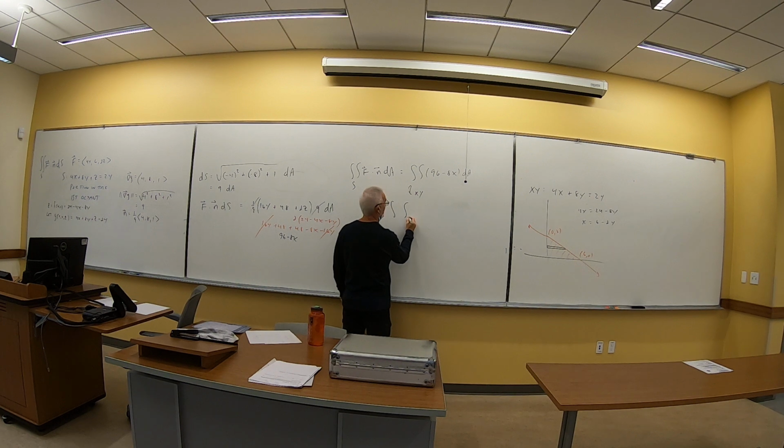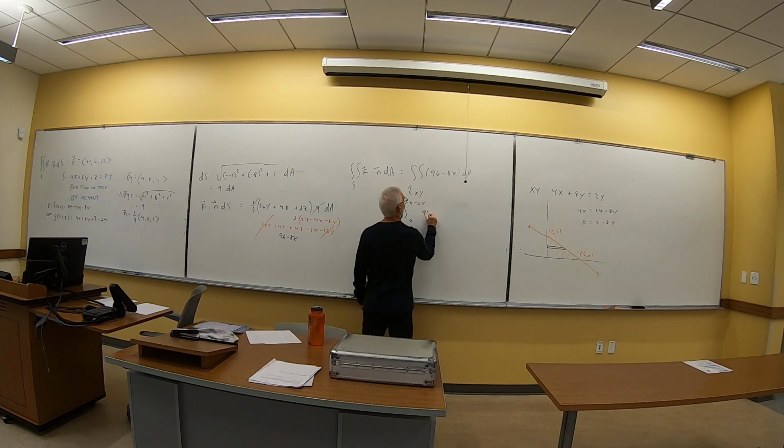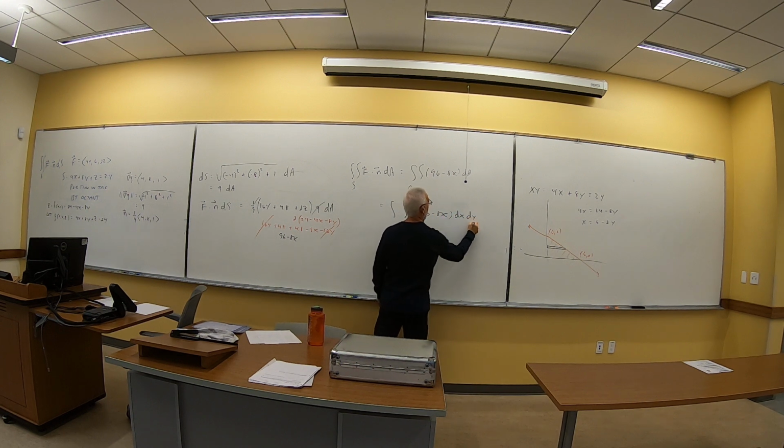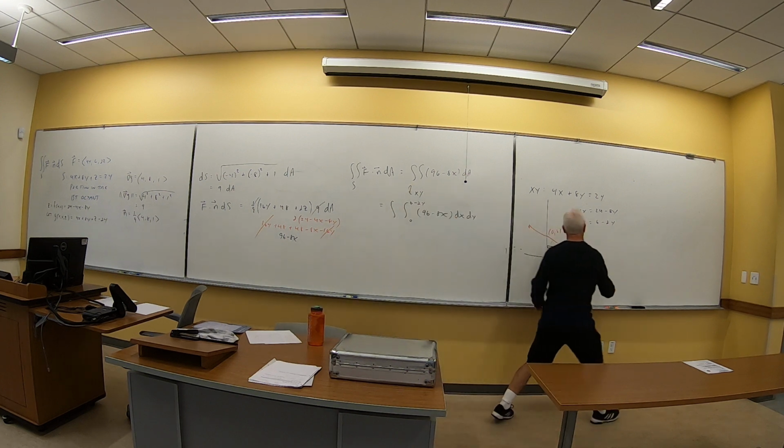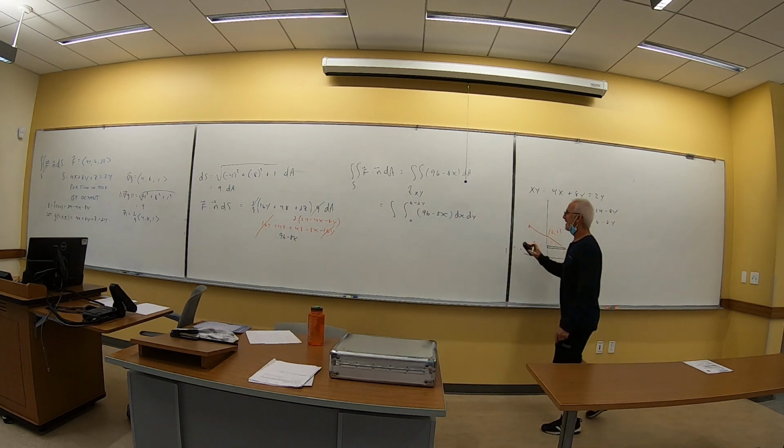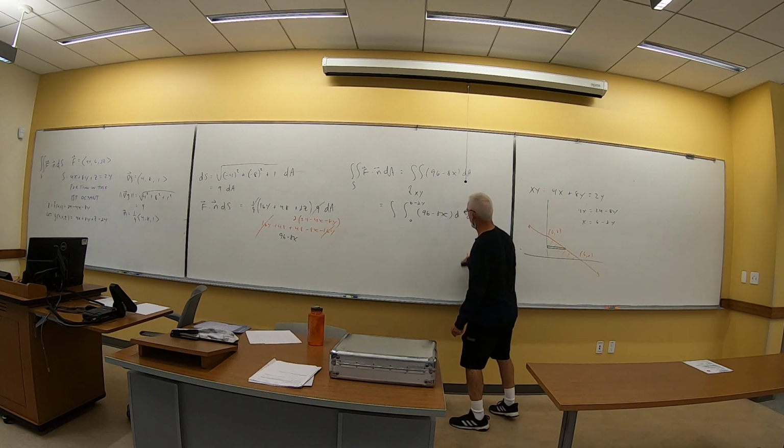So x will go from x equals 0 to x equals 6 minus 2y. My integrand 96 minus 8x dx dy. No, I'm sorry, my bad. I said dy dx. I'm going to go ahead and go dy dx. Or, I'm sorry, dx dy. Because I already started that way.